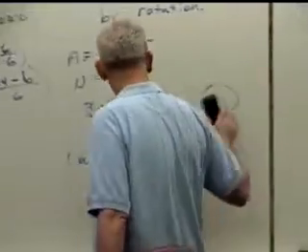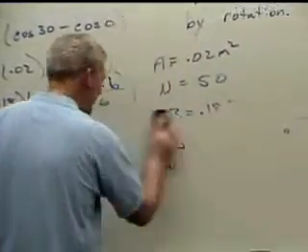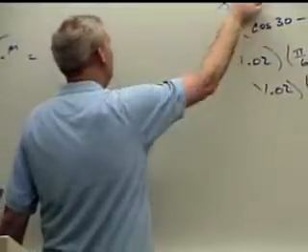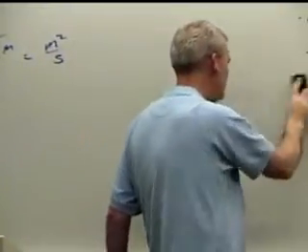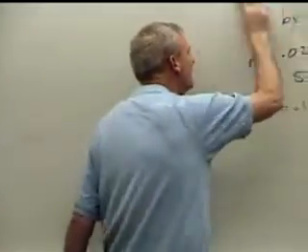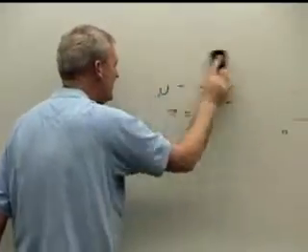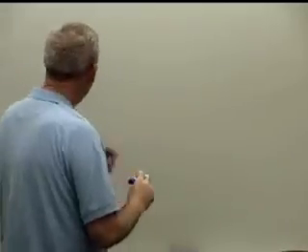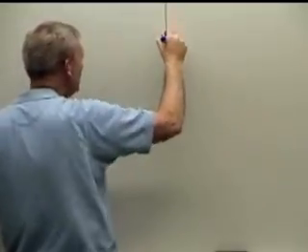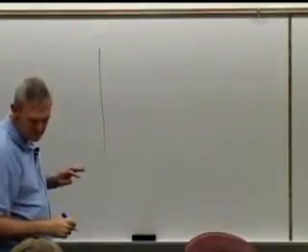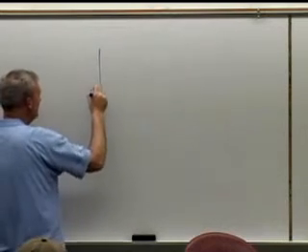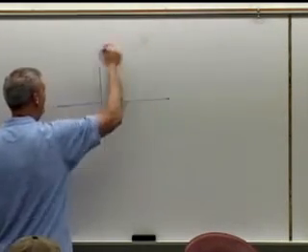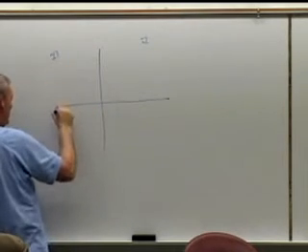I'm going to draw it over here. Here's problem 30. It looks like this. Okay, here's quadrant 1, good old algebraic quadrants 1, 2, 3, and 4.